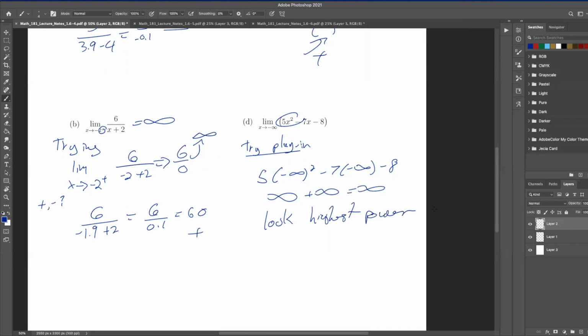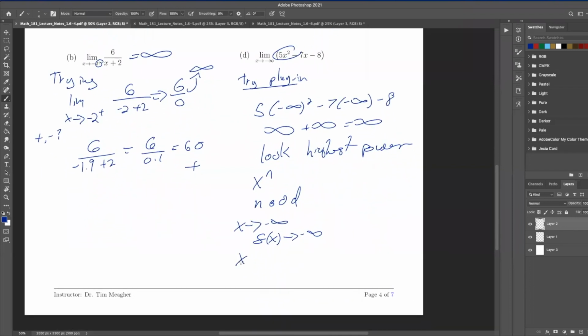You look at the highest power. If it's x to the n, and n is odd, as x approaches minus infinity, your function is going to go to minus infinity.